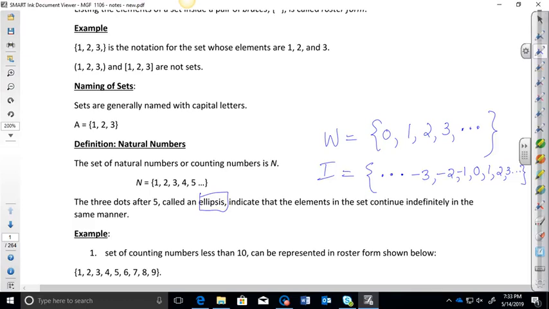That's the set of integers. Set of natural numbers, set of whole numbers, set of integers. If you're asked for natural numbers, then only do 1, 2, 3, 4. Whole numbers, 0 is included. Integers, negatives are also included.